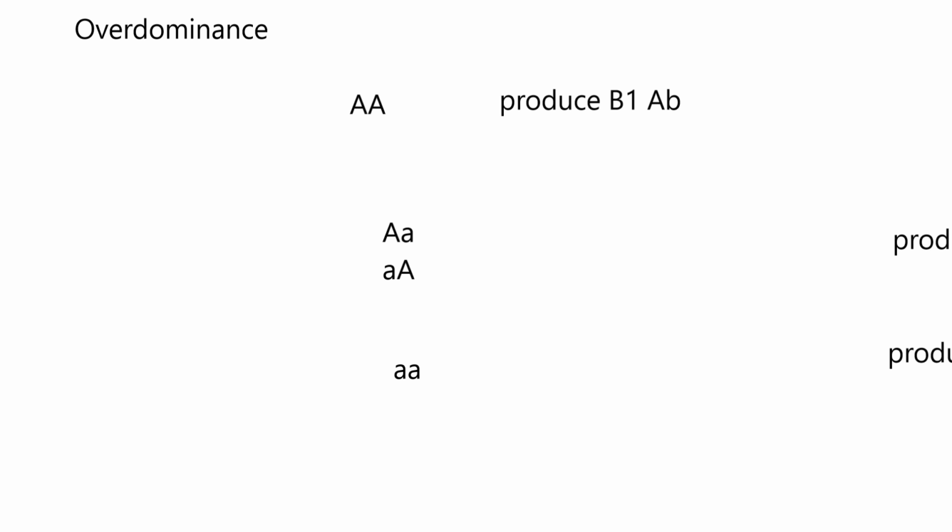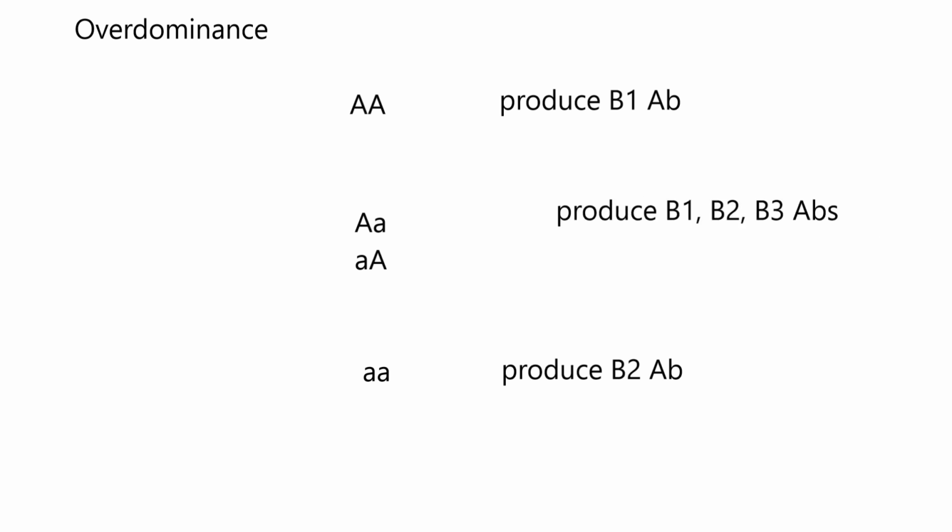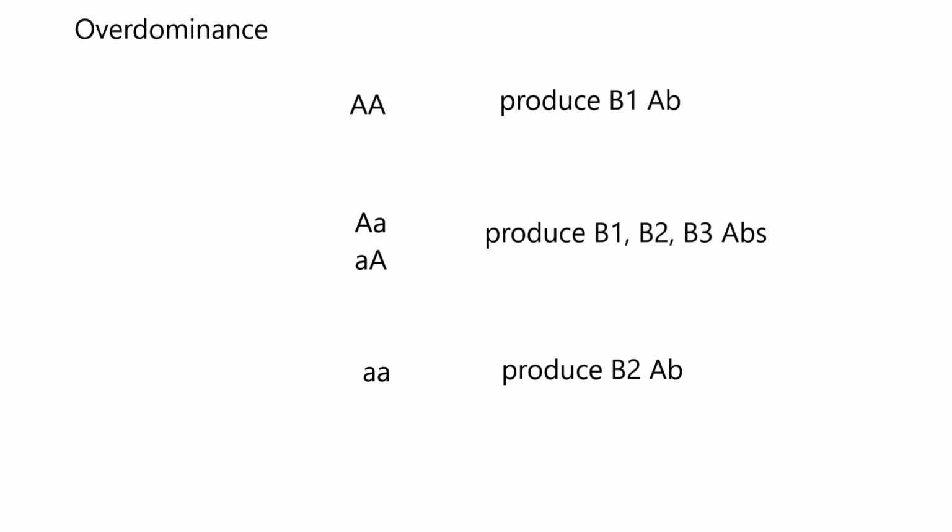Well then, if you look at the homozygous little a, notice I'm not saying dominant or recessive, those animals with that genotype produce a B2 antibody. Then in the middle we have large A, little a, and little a, large A. I'm just doing that for completeness. That's the heterozygote state. Those animals with that genotype produce B1, B2, and B3 antibodies.